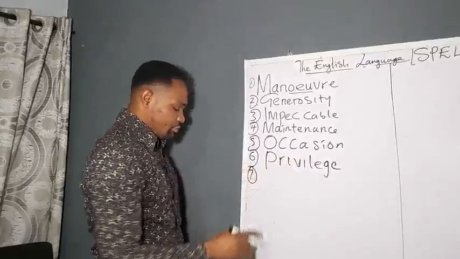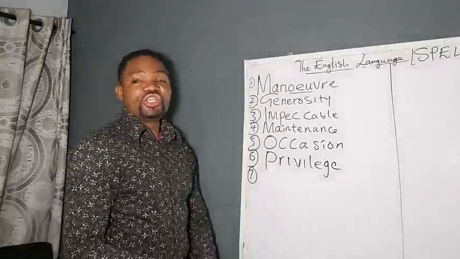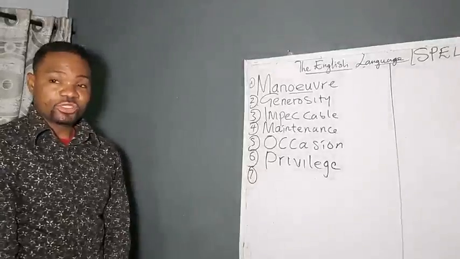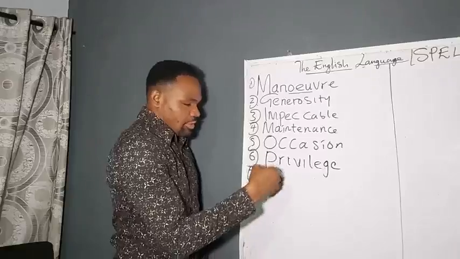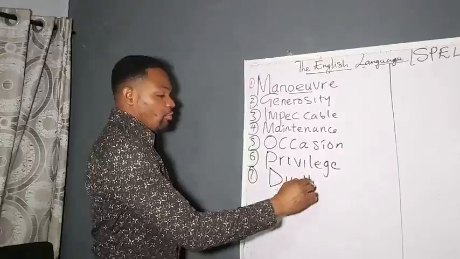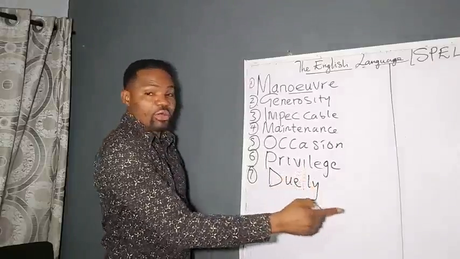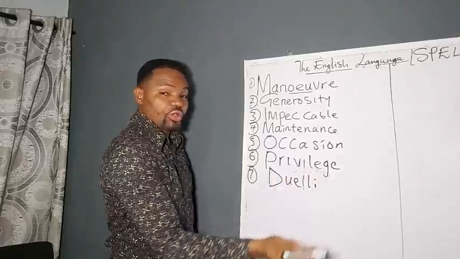So the next one is duly. Since the word is due, what are we looking for? It's going to be double L Y. Or it's just going to be one L Y. Or is it going to be double L I? We don't know. Which one are you talking about at home?